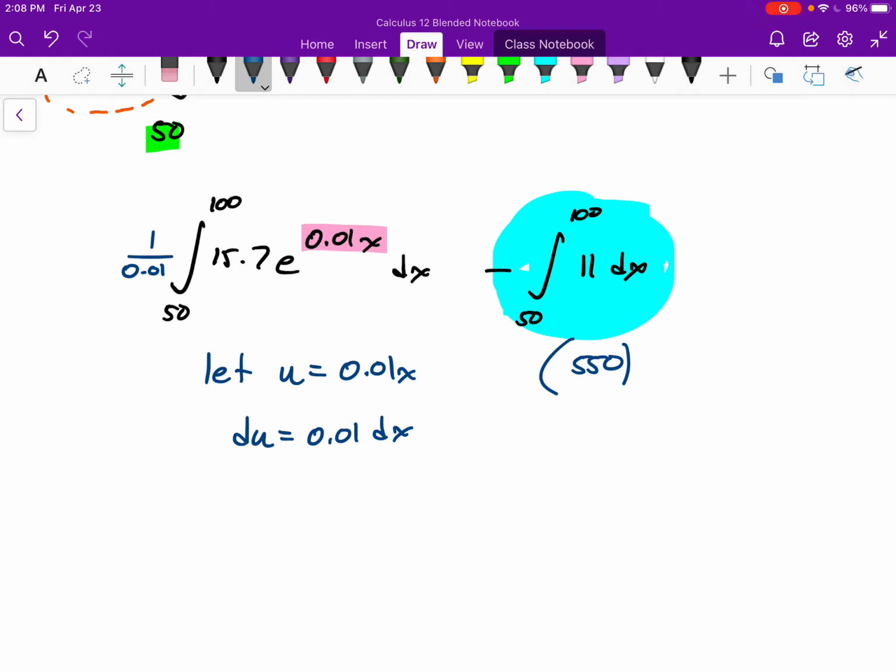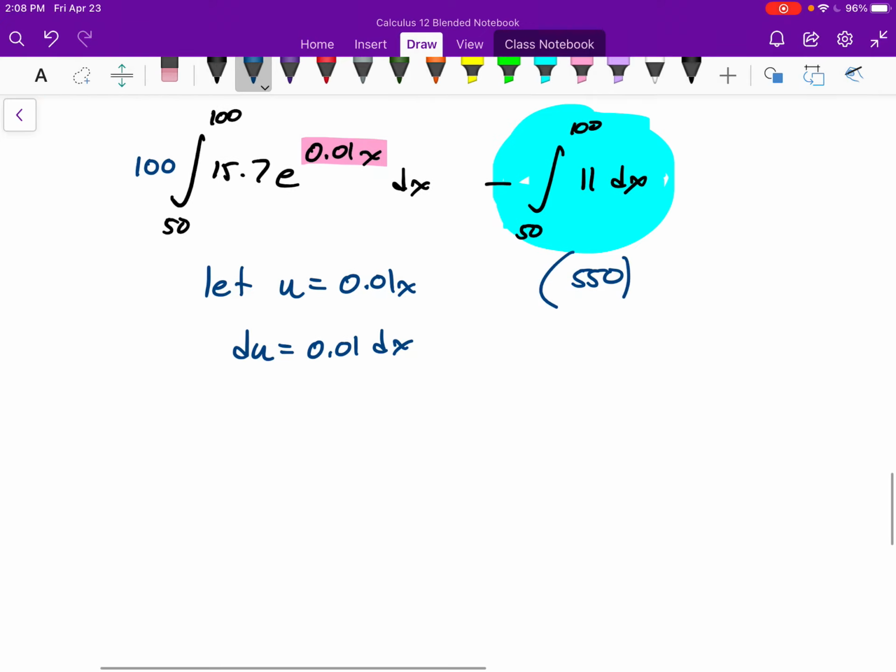Now that said, 1 divided by 0.01 is exactly 100, the same as 1 divided by 1/100. It's 100, and I like the number 100 better. So I'm going to take that 1 divided by 0.01 and just write 100.